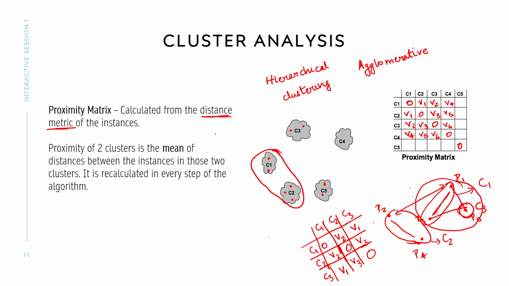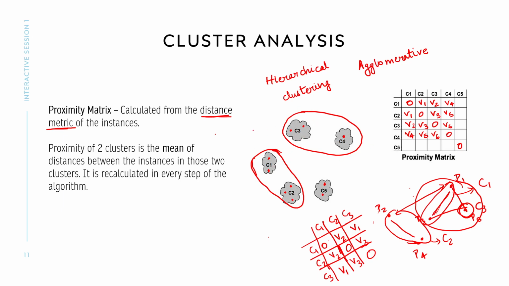And say this got only 1 point. Okay, and say I've clustered this as well. So from this step, I calculate all my values. I see C1, C2 is the closest, so I cluster them. C3, C4 is the next closest, cluster them.